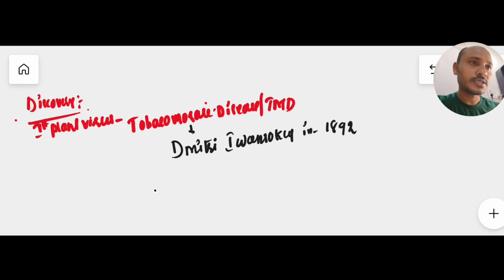But he did not prove which is the causative agent for tobacco mosaic disease. Later, his experiment was continued by another scientist, M.W. Beijerinck.